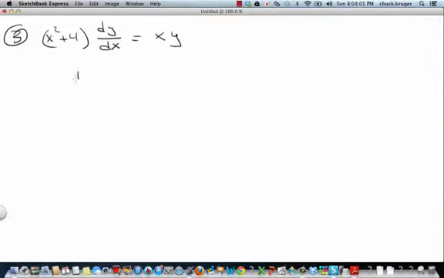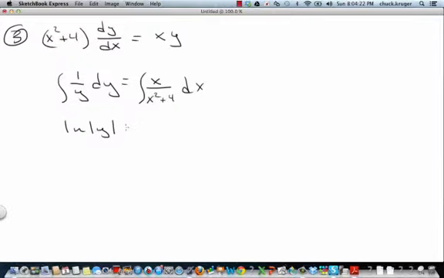So I'm going to have 1 over y dy is equal to x over x squared plus 4 dx. And I'm going to integrate both sides. This is going to give me the natural log of y, the absolute value of y.